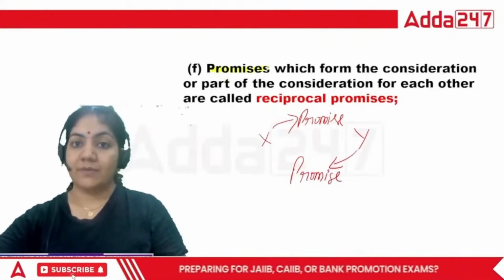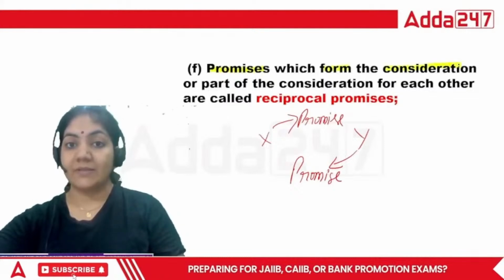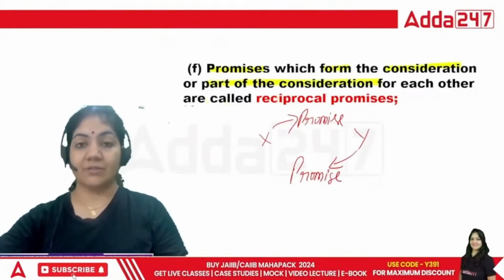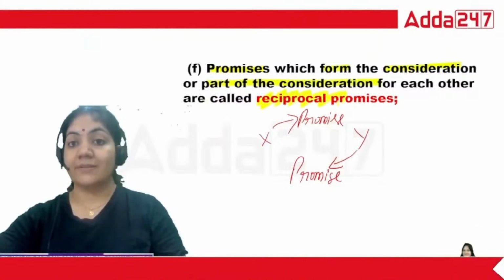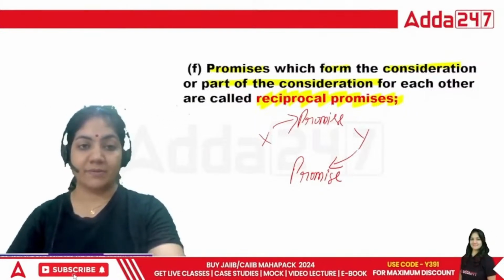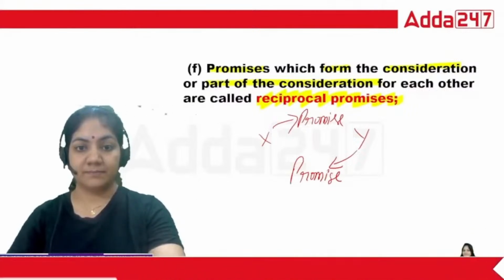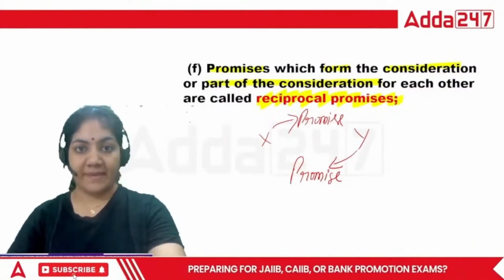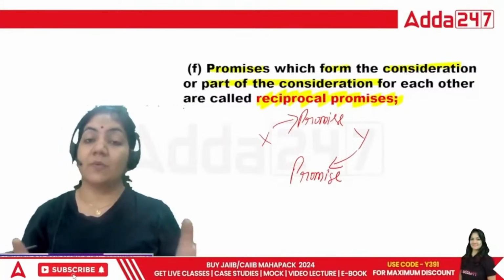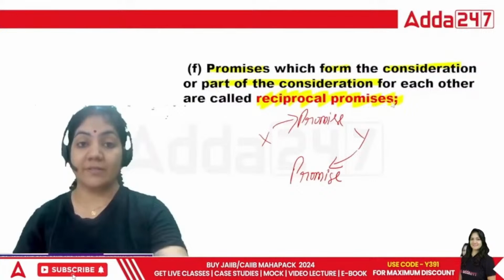The promises which form the consideration or part of the consideration for each other are called reciprocal promises. Reciprocal promise means the promises from both sides. That is called reciprocal promise.